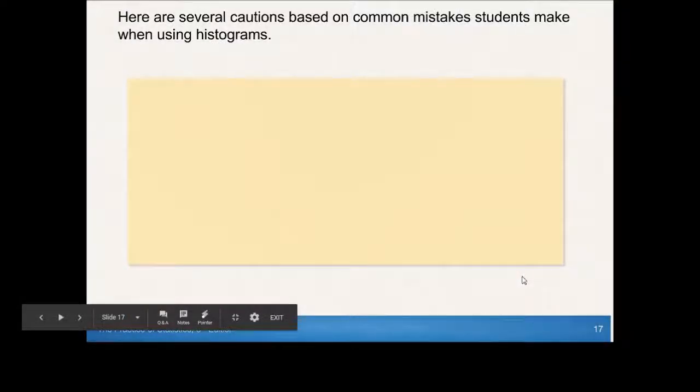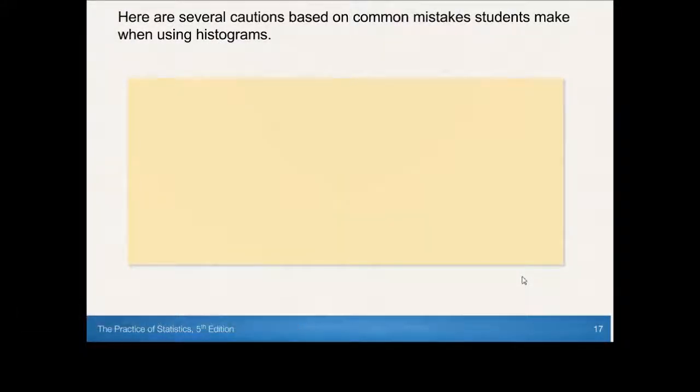A little warning: use histograms wisely. Here are several cautions based on common mistakes students make when using histograms. Don't confuse histograms with bar graphs. Bar graphs use a single variable and counts or relative frequencies. Histograms use a range of data.